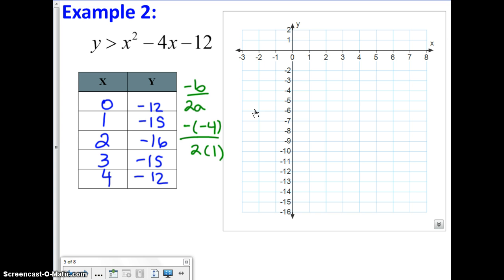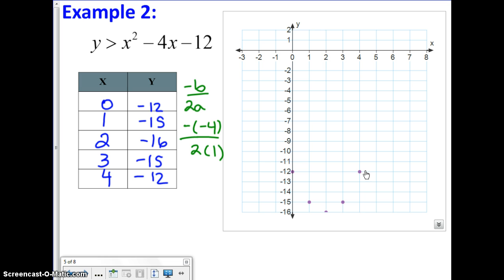So let's go ahead and plot these points. 0, negative 12, 1, negative 15, 2, negative 16, 3, negative 15, and 4, negative 12.